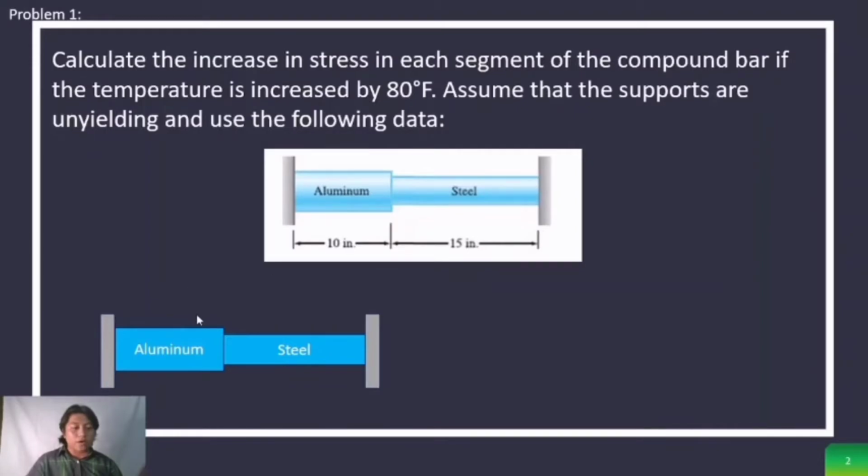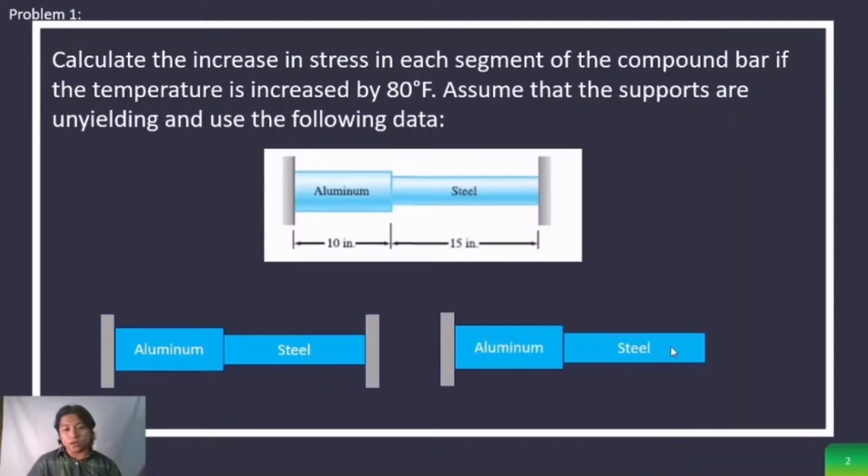So here is our free body diagram or FBD. Let's remove the constraints here. Supposedly these bars, aluminum and steel, will expand due to the increase of temperature by 80 degrees Fahrenheit.